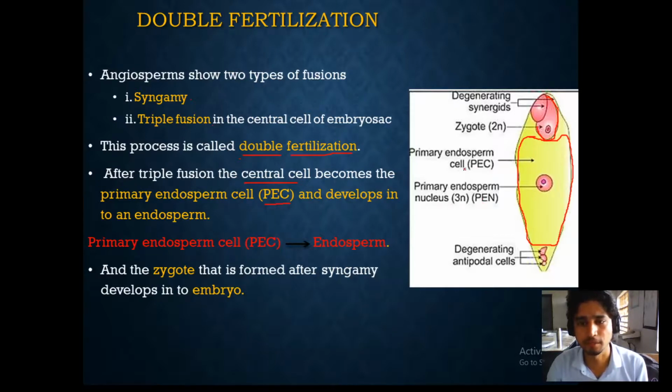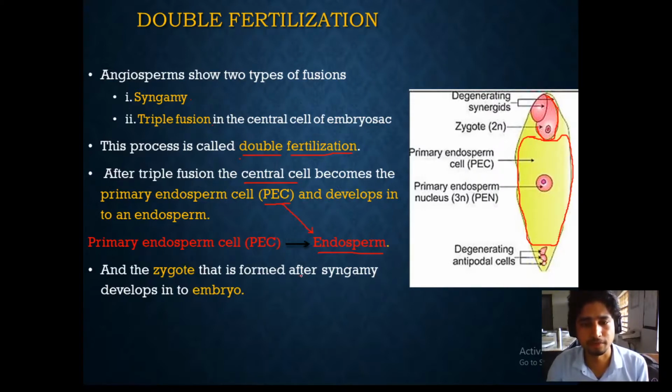So PEN, PEC. This primary endosperm cell, that is the central cell after fertilization, later on after development forms the endosperm. We are going to see what endosperm is and how it develops in the post-fertilization events.